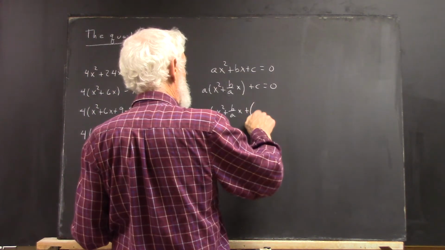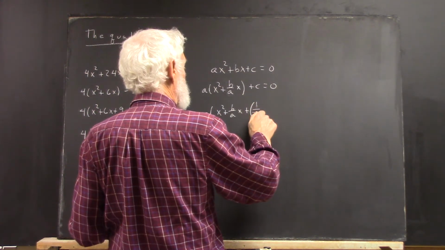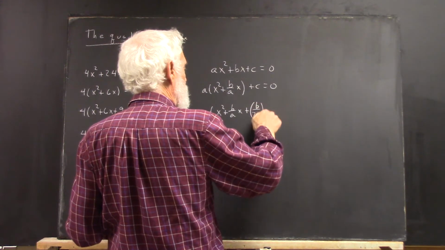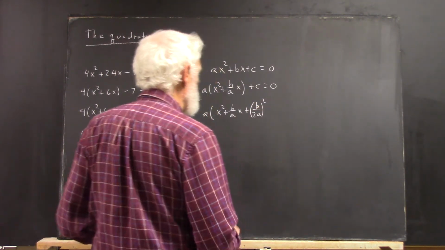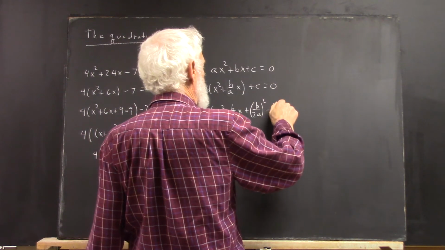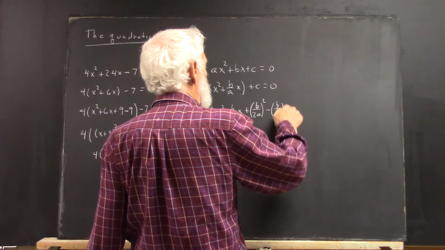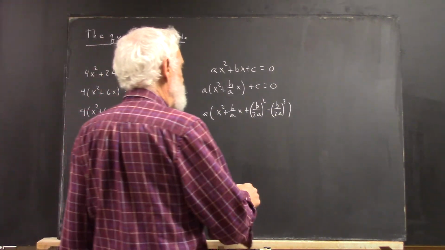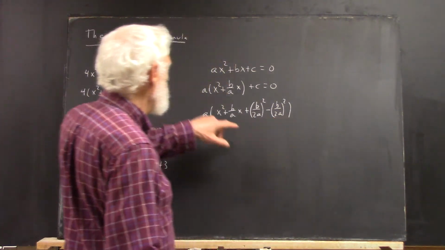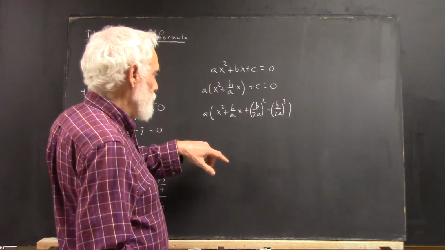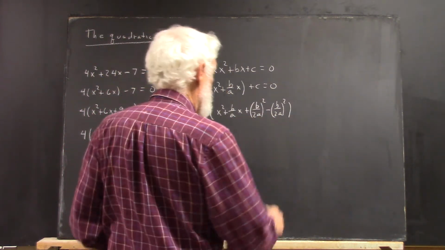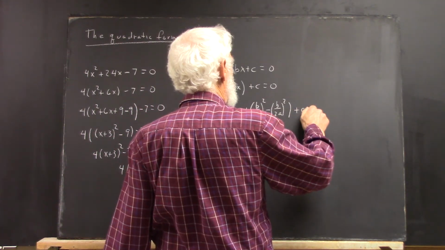So I have to take b over 2a squared. And then I'd better subtract the square of b over 2a and complete my parentheses. So now I have everything that's in parentheses, because of course this minus this is just 0.